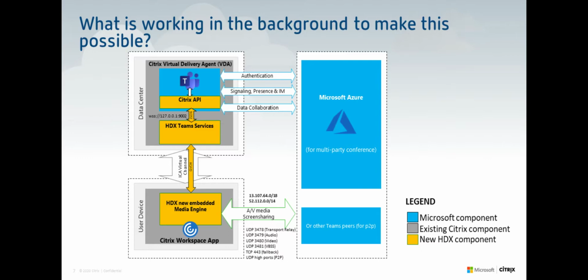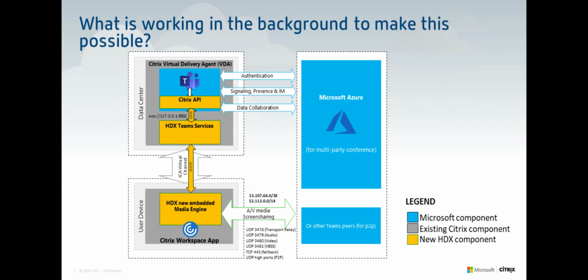So involve your team early, and explain to them what the architecture is and the type of protocols that we are going to use. UDP is generally preferred for real-time audio and video. If for whatever reason UDP is not available, we fall back to TCP. That's less desirable for multimedia.